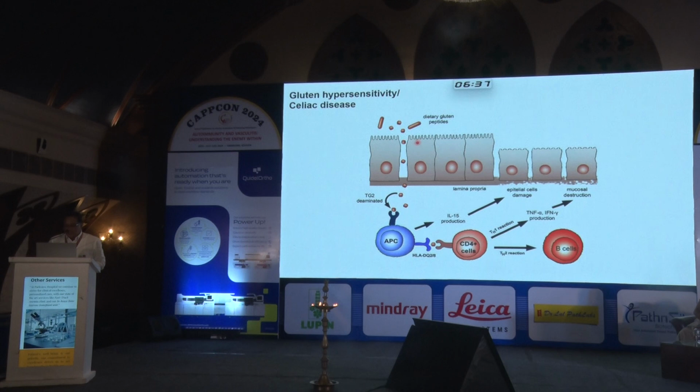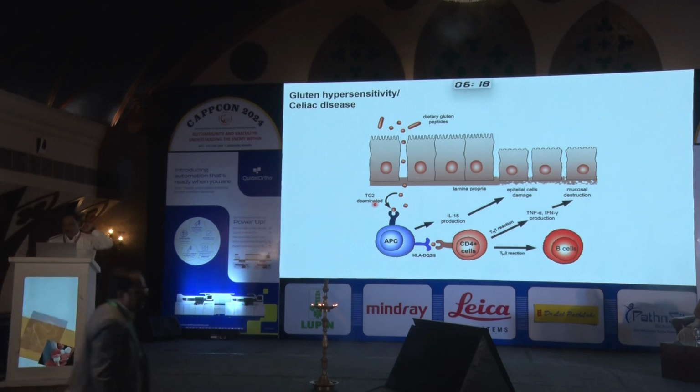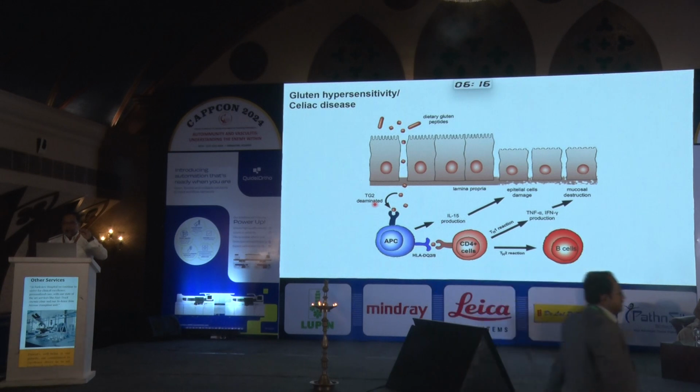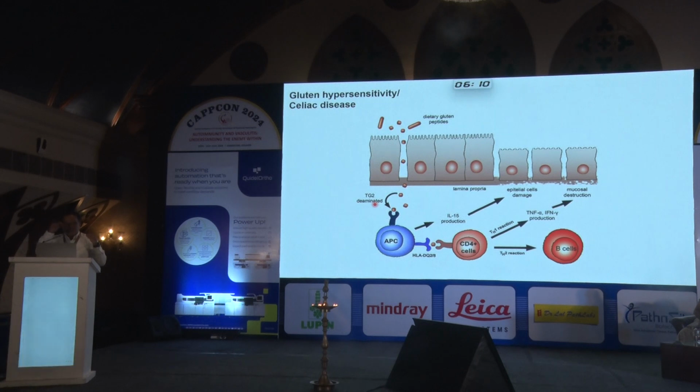Now, how do these antibodies develop? The inciting factor here is the dietary gluten. So these CD4 cells will help the B cells to produce antibodies against gluten. There are antibodies against gluten, but also antibodies against TG2, or transglutaminase. Why does that happen? When TG2 deamidates the gluten peptides, these are very sticky peptides.